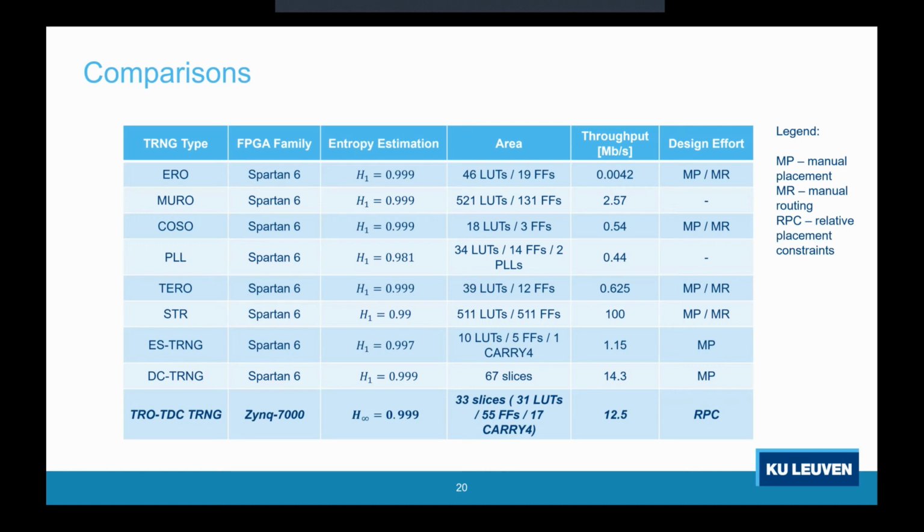When we compare our design with the TRNG with throughput of around the same order, that is DC-TRNG, our design is much more lightweight: 67 versus 33 slices. On the other hand, if we compare our design with the TRNGs that have lower hardware resource consumption, like Aero, COSIC, PLL, TERO, our design achieves several orders of magnitude higher throughput without the need for manual routing.